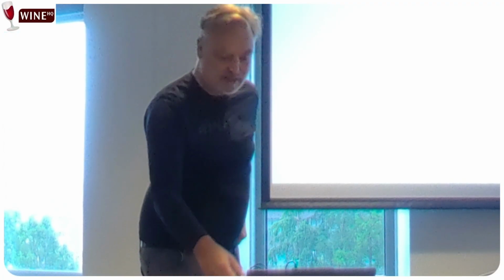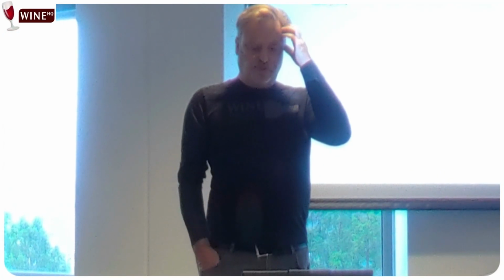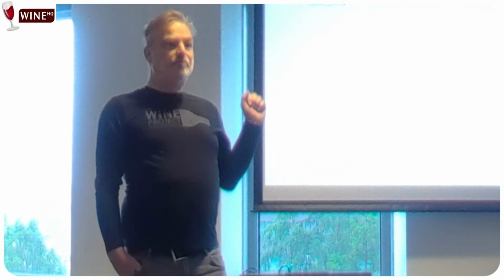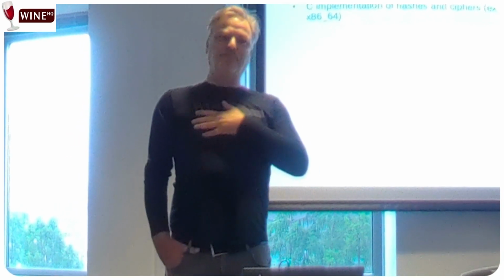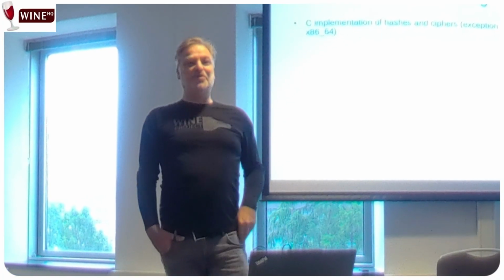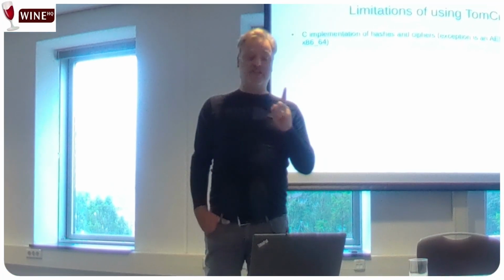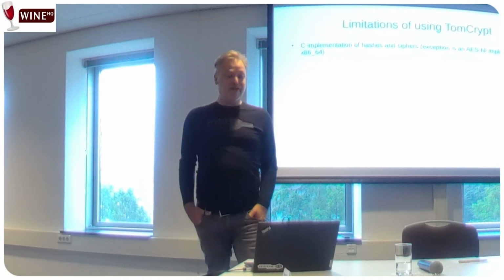But Nano has hand-optimized assembly implementations of the hashes, for example, for many different CPUs. TomCrypt doesn't. But we switched to TomCrypt a while ago for the hashes only, and I haven't seen any complaints yet.